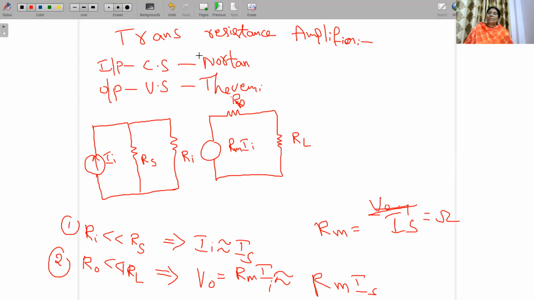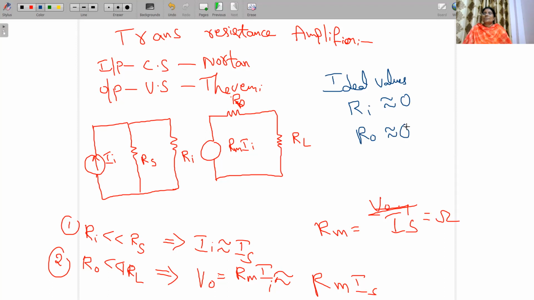Now note down the ideal values. Ideal values of the current trans resistance amplifier: Ri is approximately 0 and R naught is approximately 0.